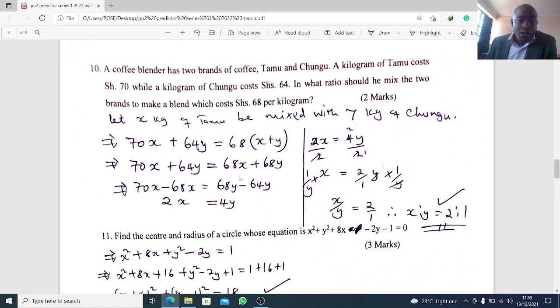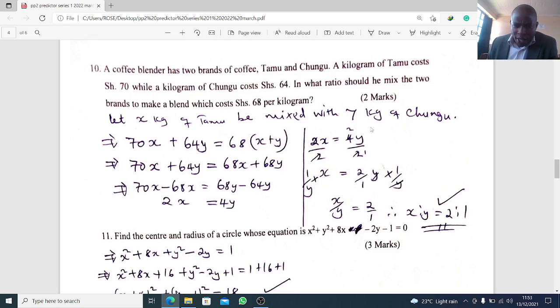So we shall group like terms together. 70x minus 68x equals 68y minus 64y. So 2x equals 4y, because 70 minus 68 is 2, and 68 minus 64 is 4. If I divide by 2 all through, I get x equals 2y.